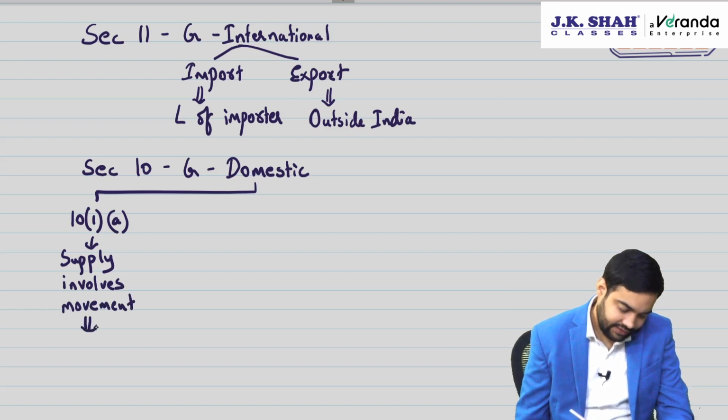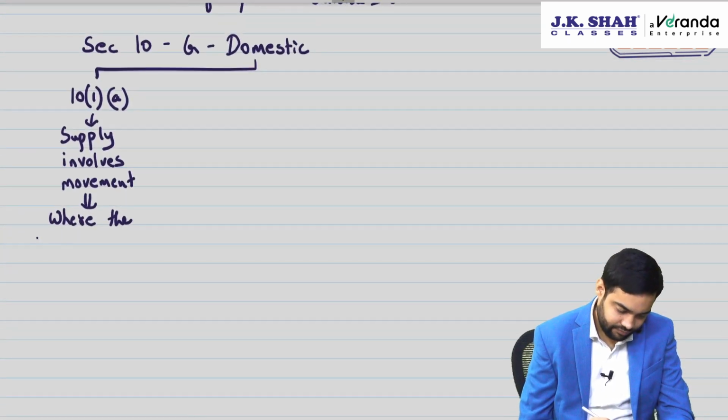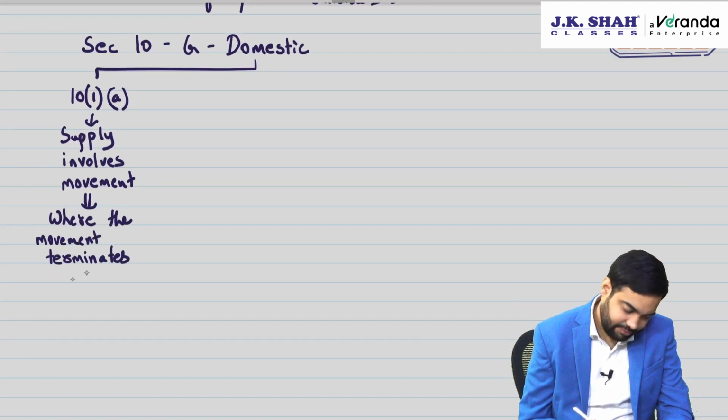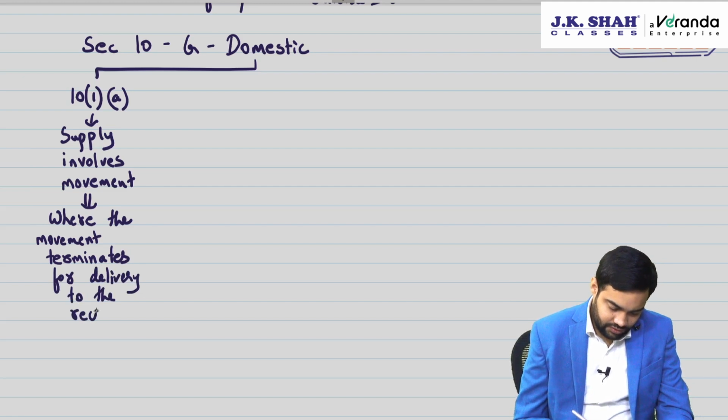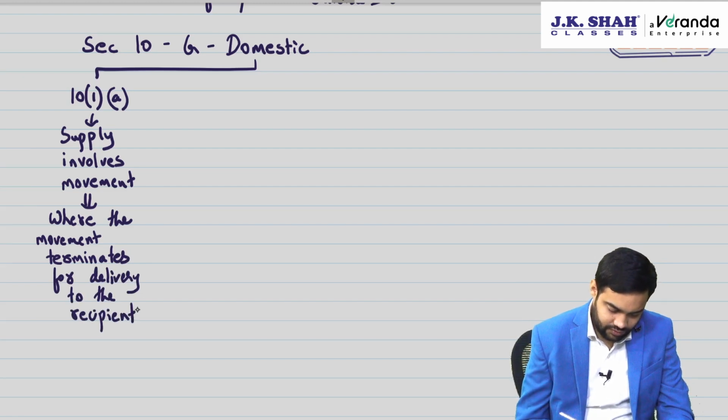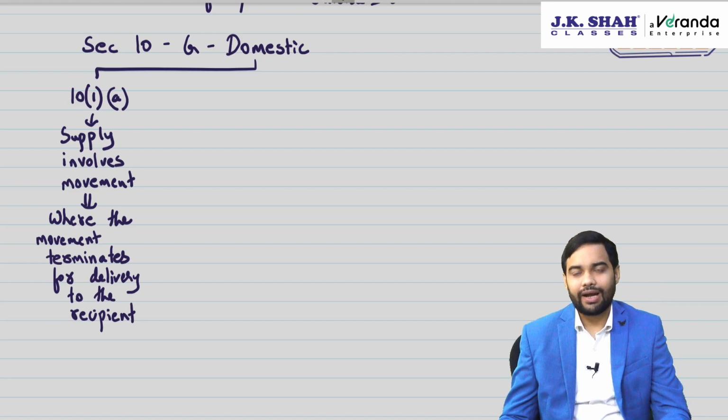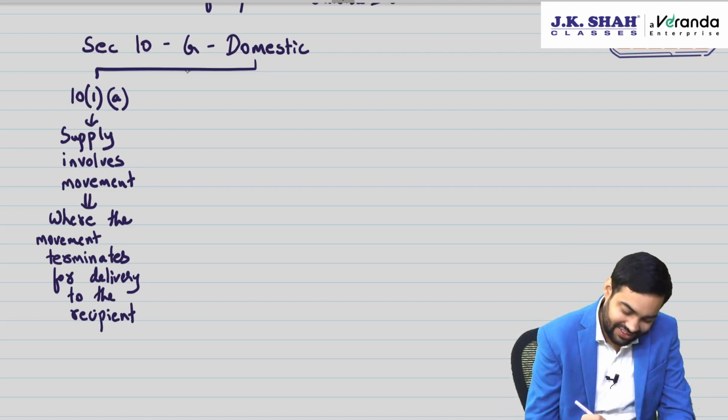The law has said if the supply involves movement, then where the movement terminates for delivery to the recipient. So if the goods are going from Bangalore to Mumbai, where does the movement terminate? Mumbai, sir. That would be the place of supply.